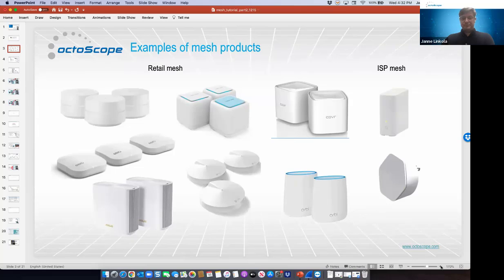Thank you, Lee. Yes, as Lee mentioned, we're going to dig a little deeper into Wi-Fi mesh, because it's such a fascinating area. Of course, a very hot topic in our industry. There are lots and lots of products being sold both in the retail channel as well as through ISPs.